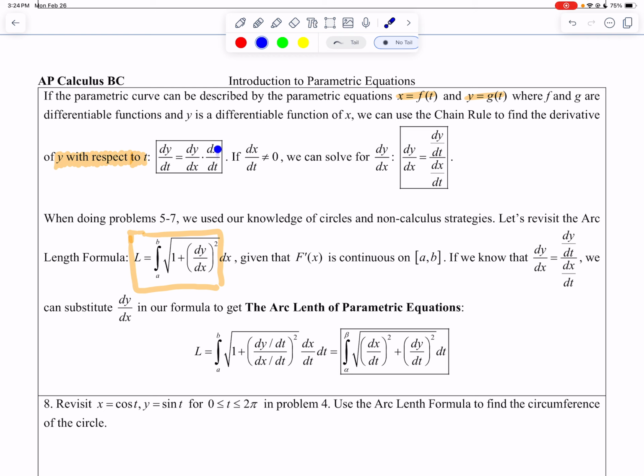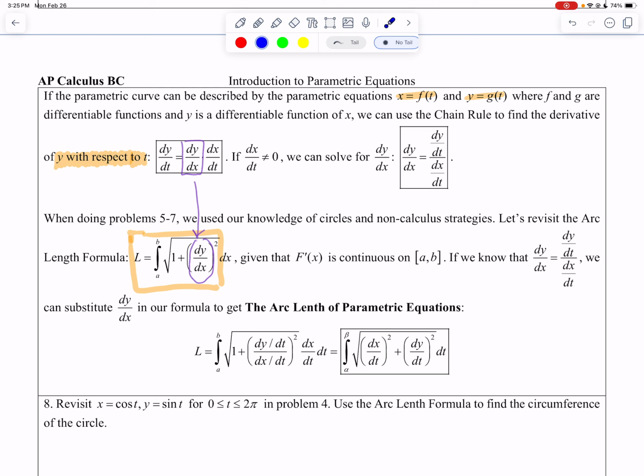Now, we want to solve for dy dx here because in my arc length formula, I have a dy dx. So what we're gonna do is use substitution once we find out what dy dx is.